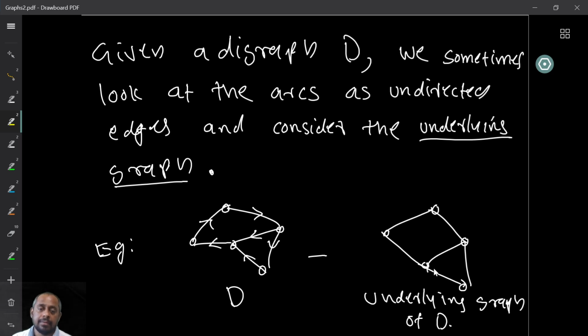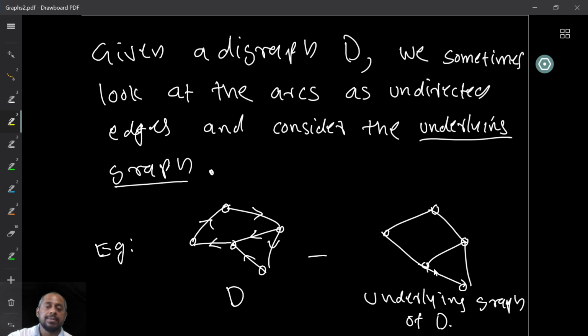So it's like the road network is there, but we have not yet decided which ones are going to be one-ways. Currently vehicles go in arbitrary directions, but once you decide what you want to do, then you can put the directions. So this underlying graph is an undirected graph, and this is sometimes useful to look at.